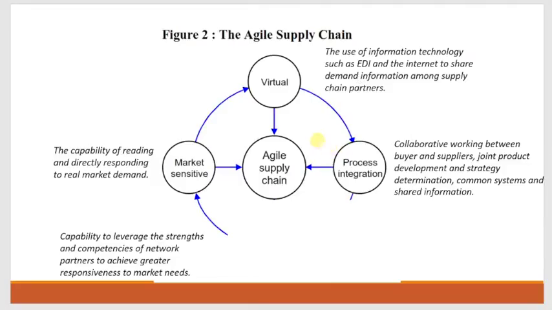We have process integration, which is basically the necessity for collaborating with your suppliers in order to jointly develop products and determine common strategies, but also have some shared systems in place in order to share the information. And lastly, it should be network based, which is the capability of leveraging the strengths and competencies of each network partner.